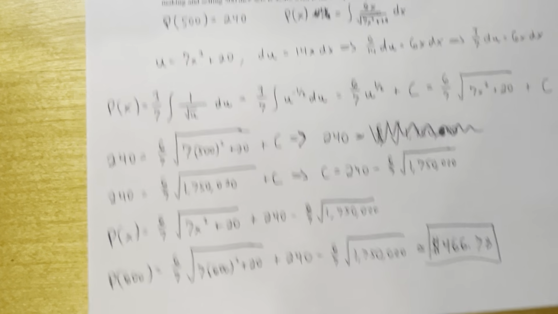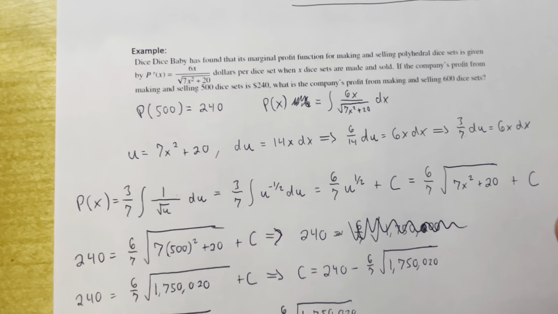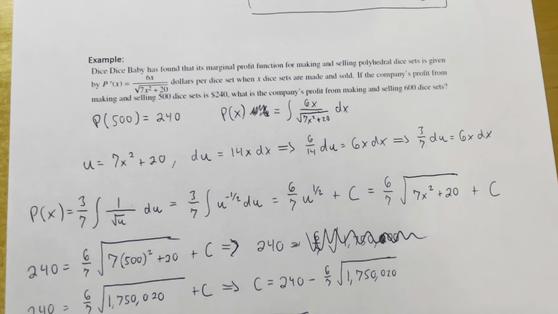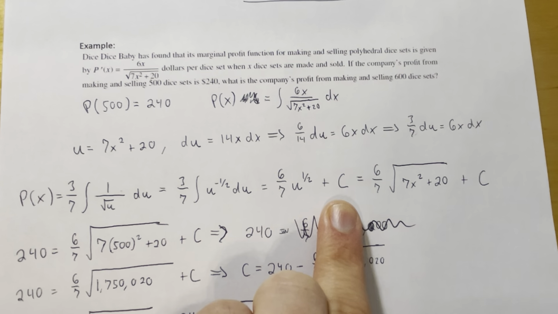And once again, notice we were given a marginal profit function, which again is always defined to be the derivative of a profit function. And then from that, I used an integral to find the profit function. I took an antiderivative, but that profit function, because I found it using an antiderivative, had a plus c in there.